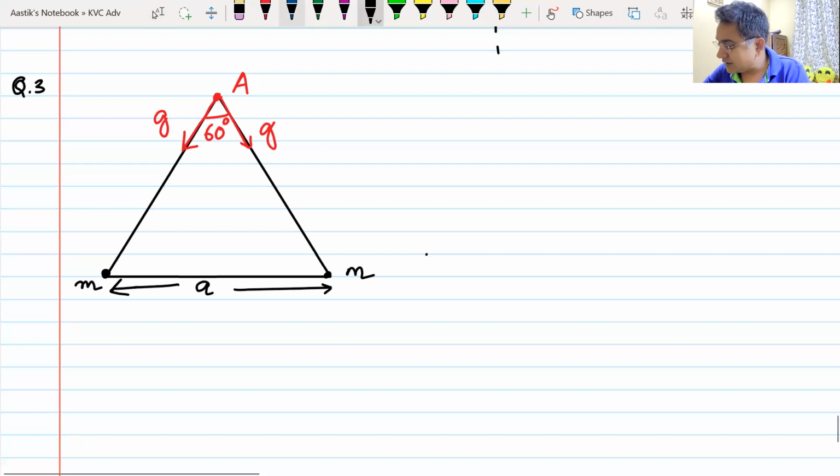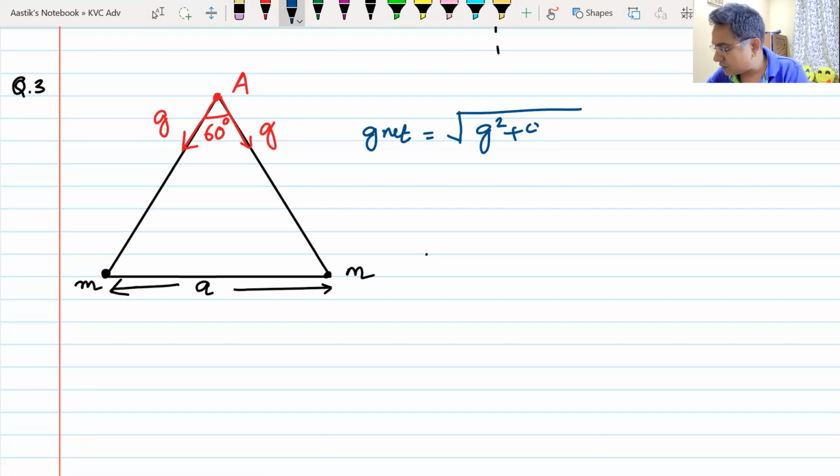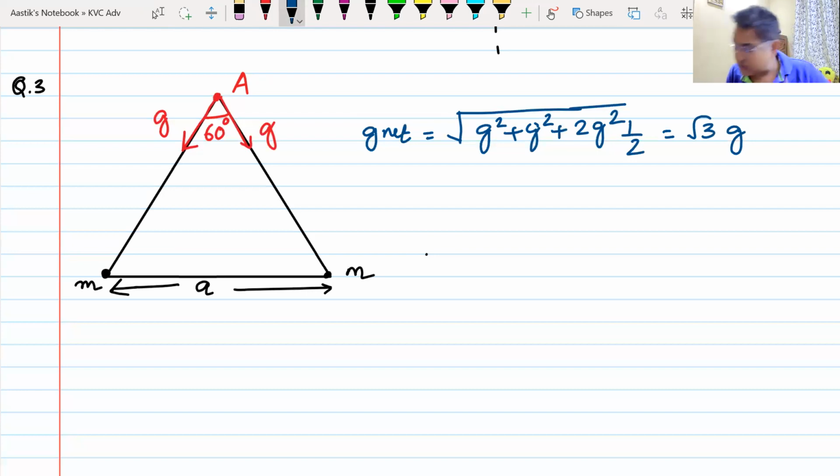So the net gravitational field G net will be equal to under root of G square plus G square plus 2 times G square cos 60, cos 60 is half, yes or no? Yes, sir. So it will be root 3 times G, and the value of this G is G into M by A square. So the answer is root 3 times GM by A square.